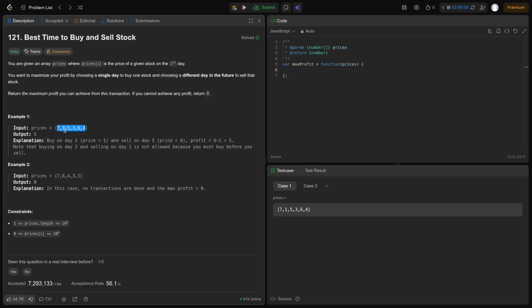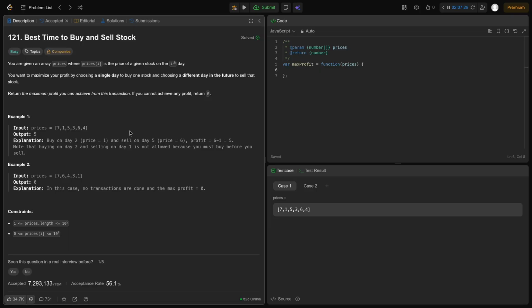So how can we do it using only one for loop? Let's discuss that. One thing we can do is find the minimum price at which we will buy the stock.